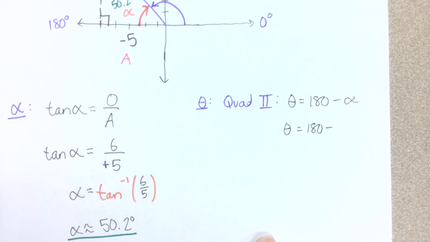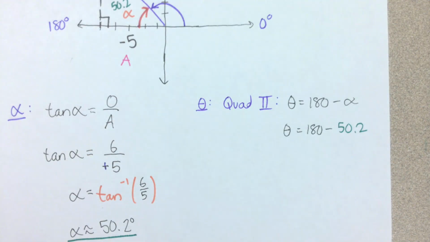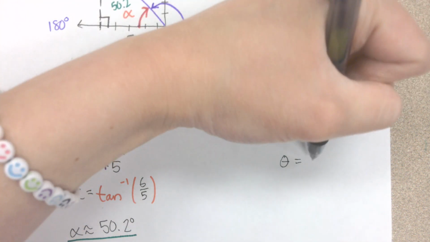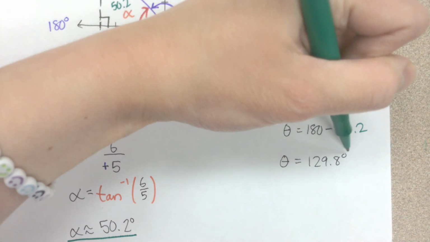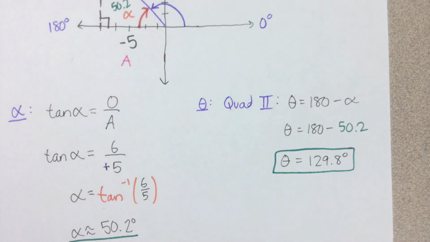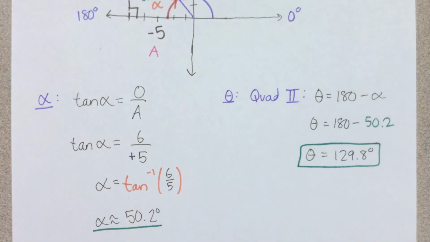That's 180 minus 50.2. Theta equals 129.8 degrees. Questions on example 2?